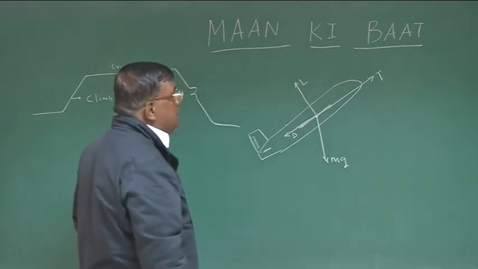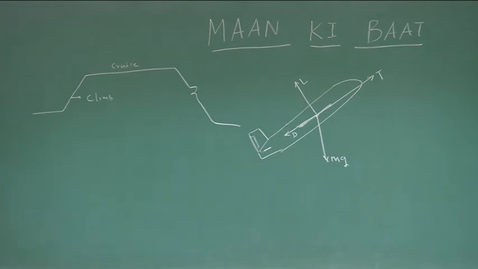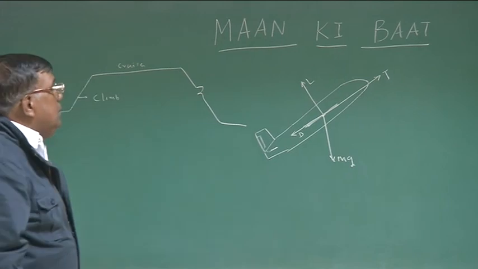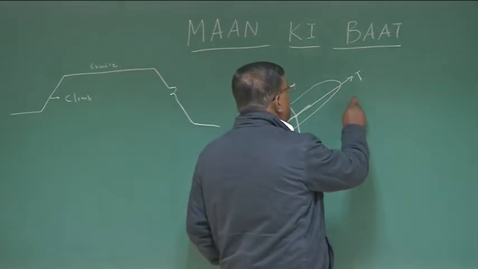We have assumed that the thrust axis is along the fuselage reference line. We are also saying the angle of attack is small. And we are trying to develop a model for steady climb.